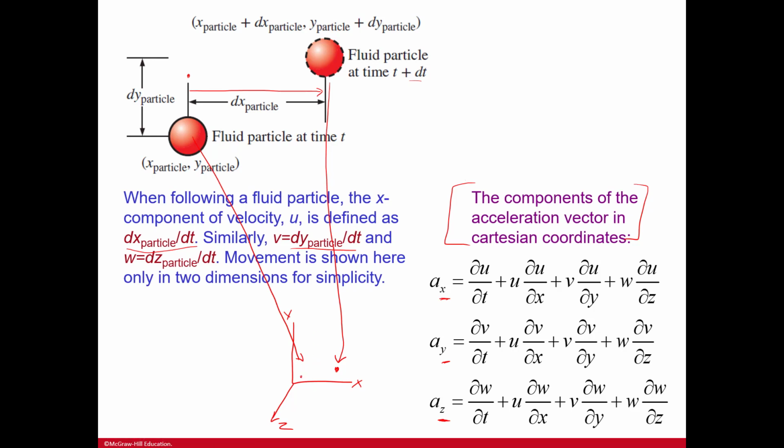Let's do it down here. So you have this one here. And so here you would have this change in x, this dx, and then you would have this change in y.